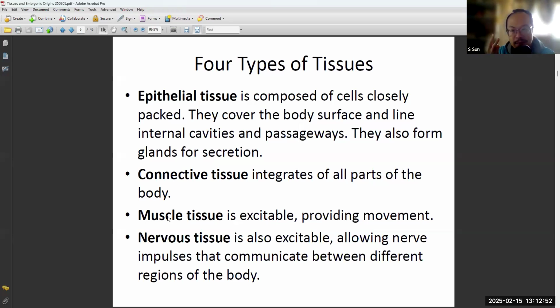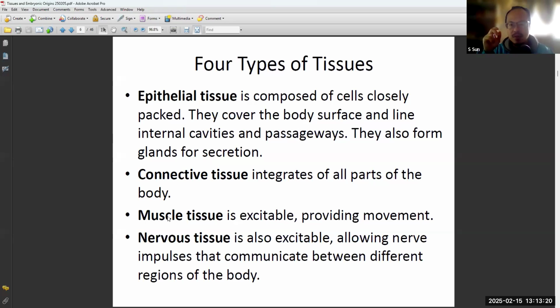Muscle tissues are the ones that provide movement. We have three types of muscle tissues: skeletal muscle, cardiac muscle, and smooth muscle. Skeletal muscles are the ones that move our skeleton, so we have the movement. Cardiac muscle forms the heart, so the heart can contract to squeeze the blood out. That provides the movement. It pumps, basically.